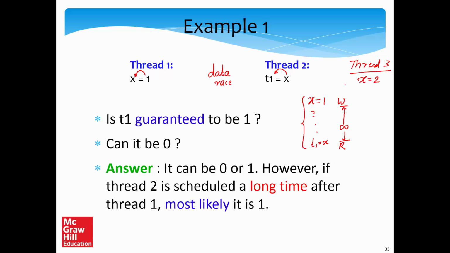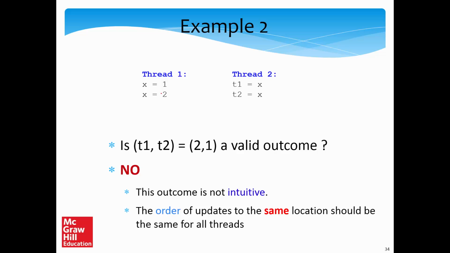So in this case, it is perfectly possible that x equals 2 happens first. The value of 2 is seen by thread 2, so thread 2 reads t1 equals 2. And after that, x equals 1 happens at the end. So any such reordering is possible, but what we want is that if you wait for a sufficiently long time and there are no other intervening writes to x, we should read the value 1.